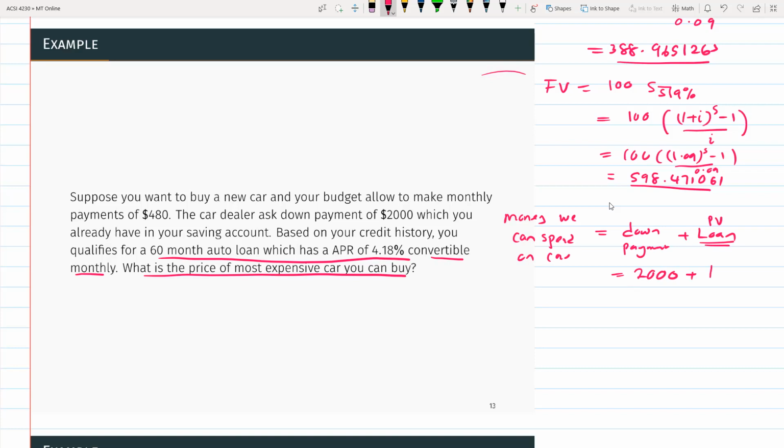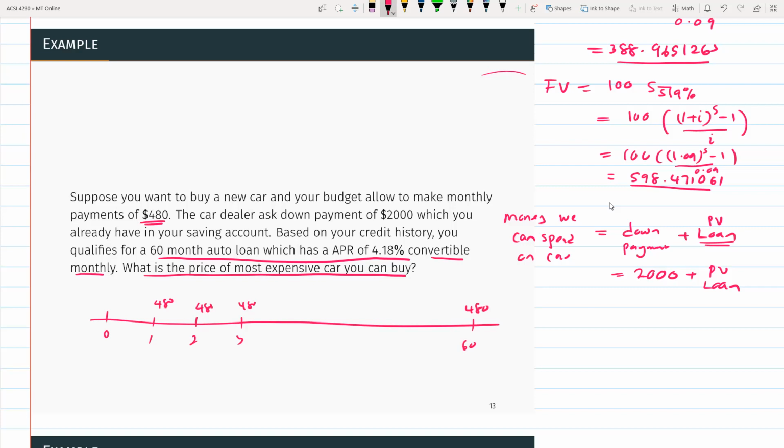That's what we need to find. This one says you can make a monthly payment of 480. So here is time 0, and how many months? 60 months. So you have 1, all the way up to 60.